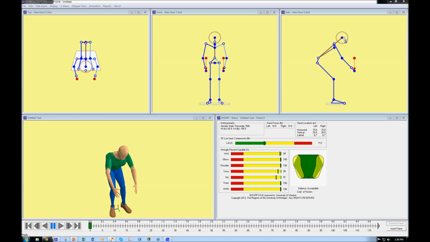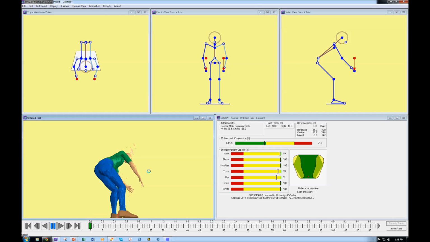The 3 windows up top allow you to manipulate the mannequin, which will then be represented down here by the 3-dimensional mannequin, such that if you make any changes in these top 3, it'll be reflected down here. The first thing that you want to do in 3D static: this software was made in the United States, and you will see that it references hand forces in pounds and locations in inches.